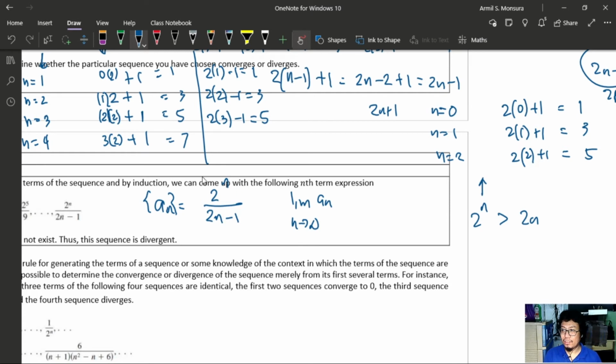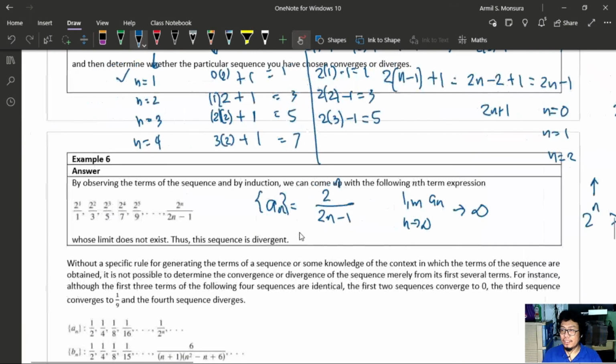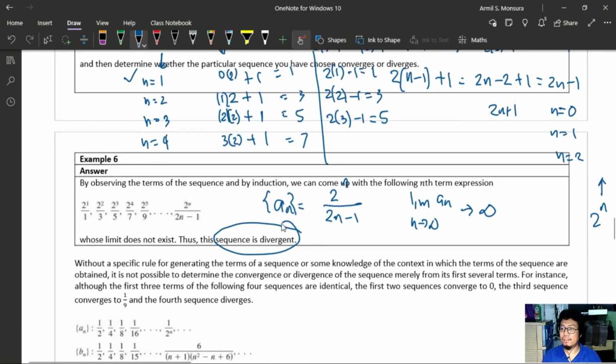Therefore, this becomes very large at some point, so the limit of a_n as n approaches infinity becomes infinite also. And therefore, the series is considered to be divergent.